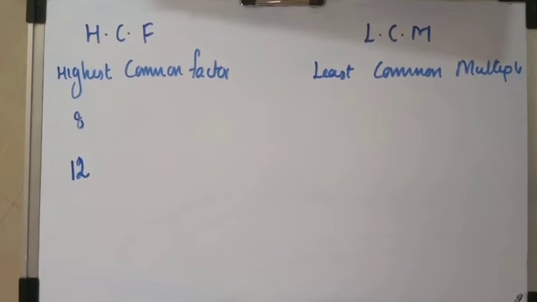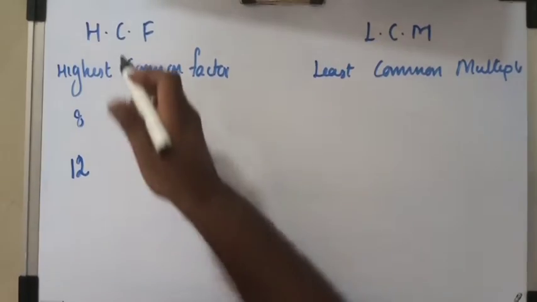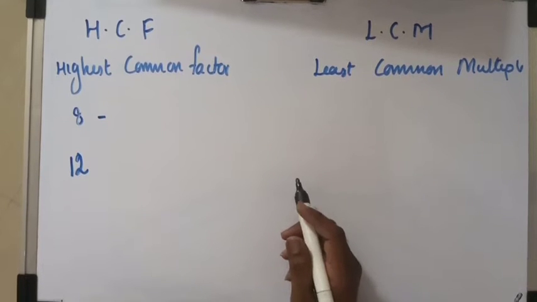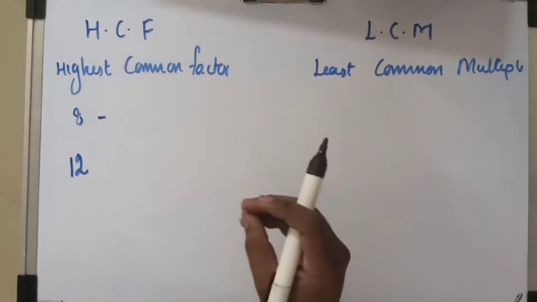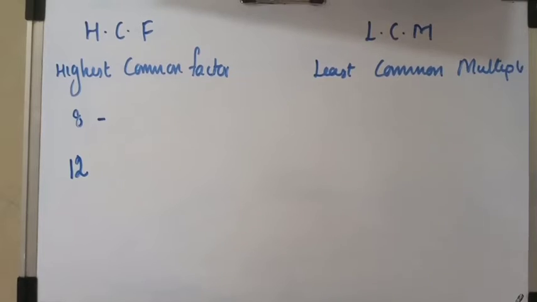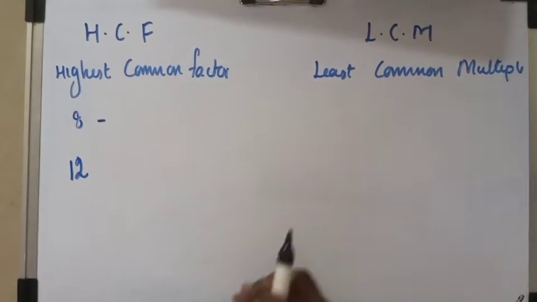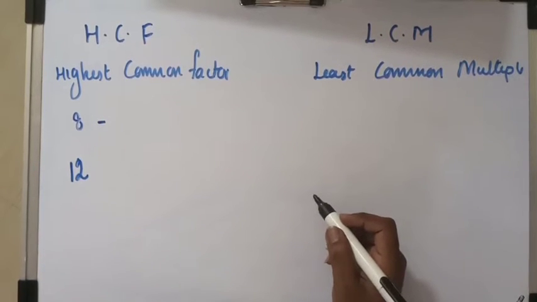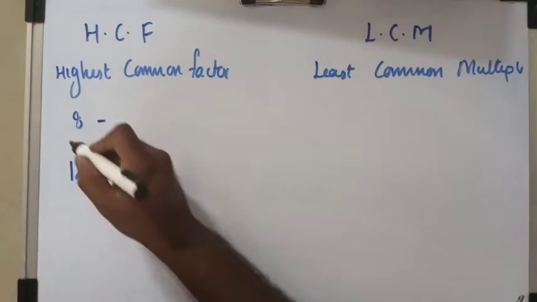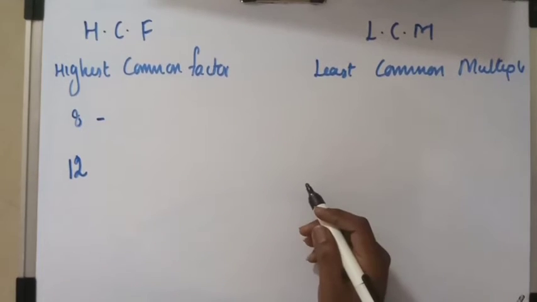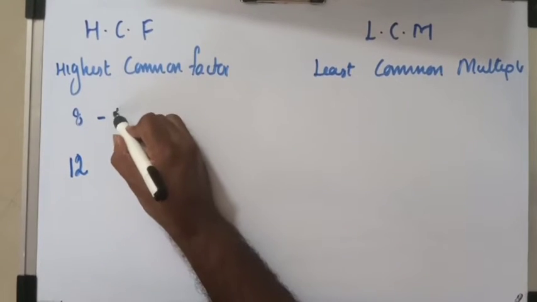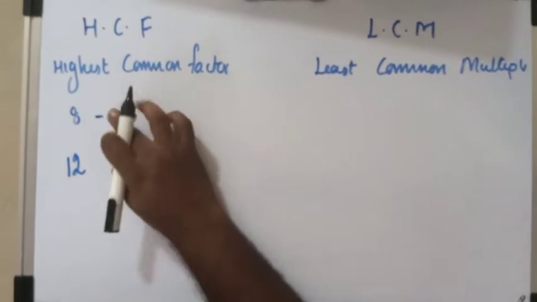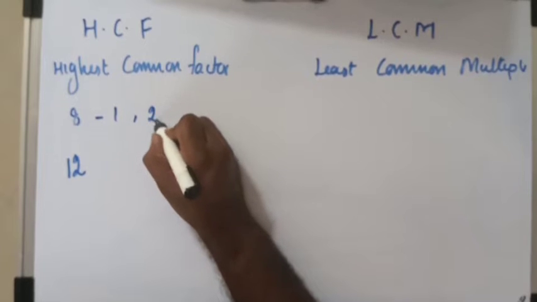Say children, if there are two numbers, one is 8 and the other one is 12. For these two numbers, let's say I need to find the highest common factor. So what are the factors of 8? I told you factors means the numbers which, when used to divide, give remainder 0. Dividing 8 by which number will give us the remainder 0? So 1 is a factor, and then 2 is a factor.